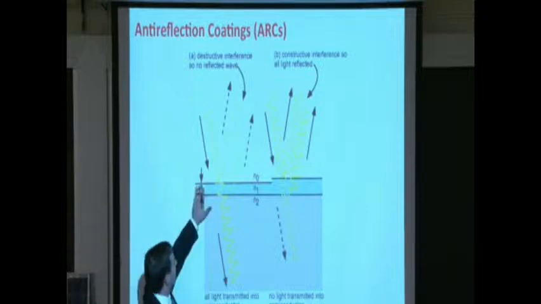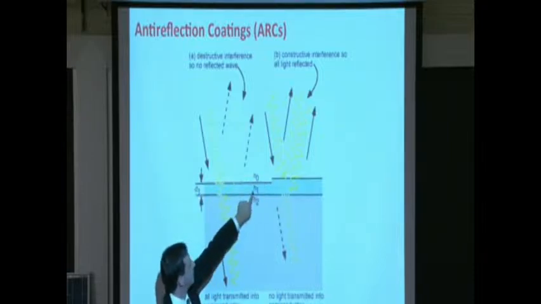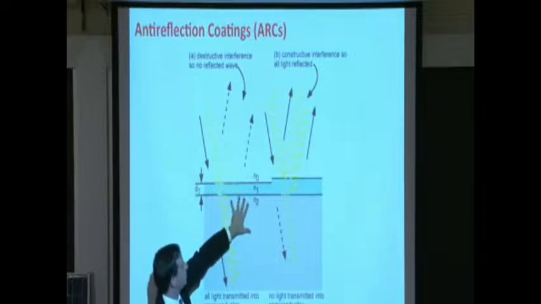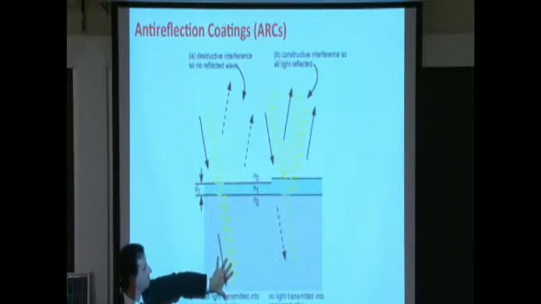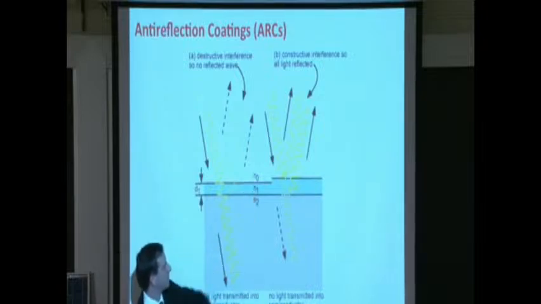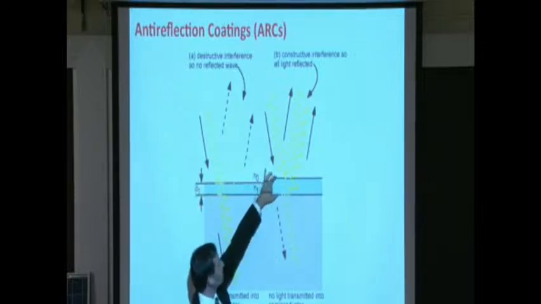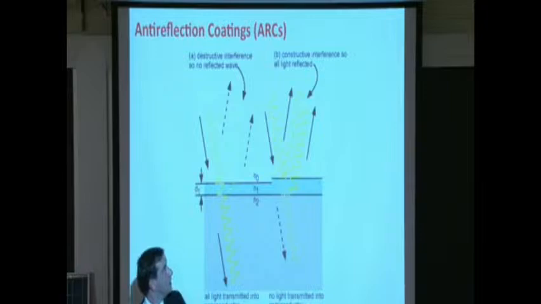What we have right here is a layer of another material with a refractive index, say N1, which is in between our N0, which is air, and our N2, which is the absorber material, let's say the silicon. So we have a grading of refractive indices going from air, our anti-reflection coating, into silicon. And right over here we have a certain thickness D1, and over here we have a certain thickness D2.